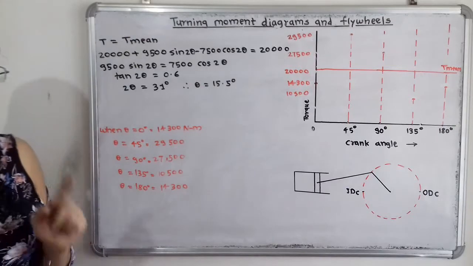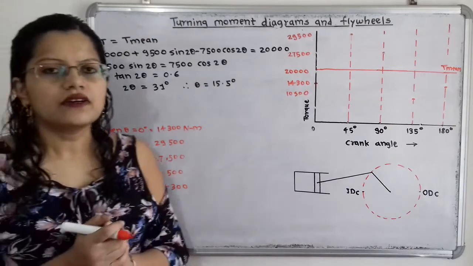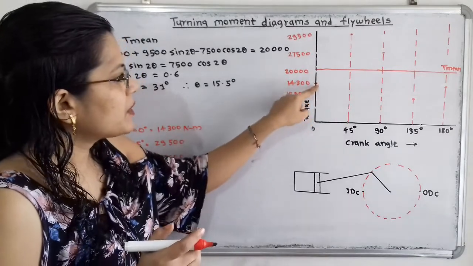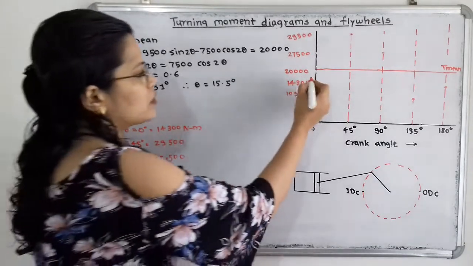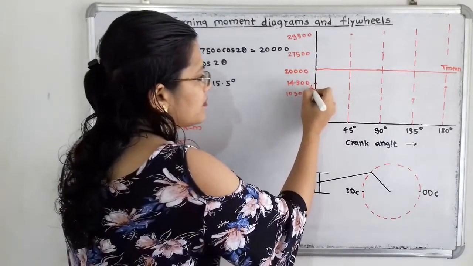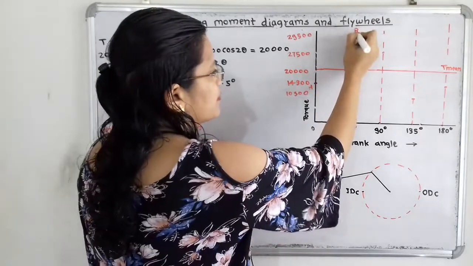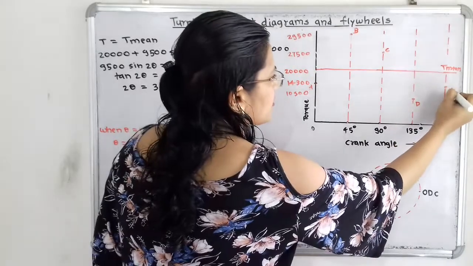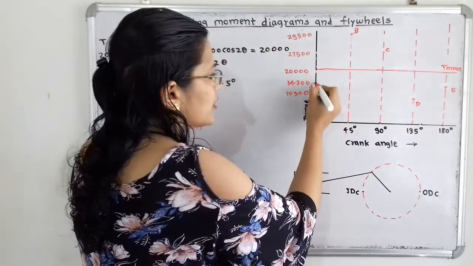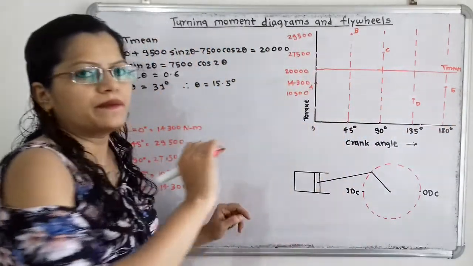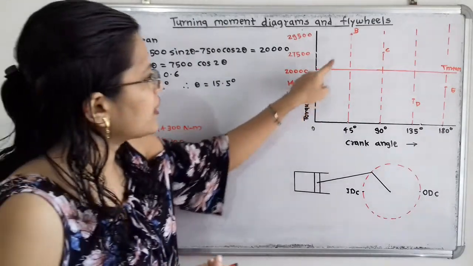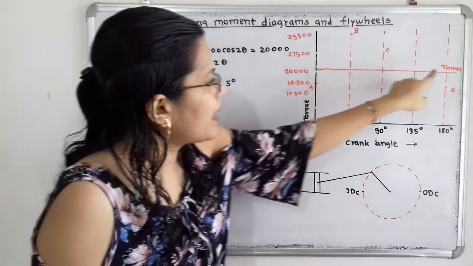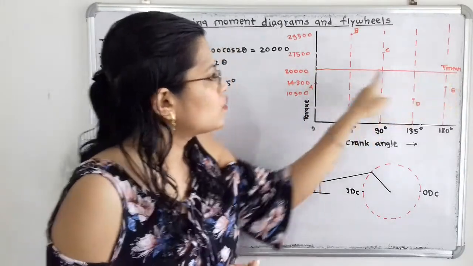So these points are selected. Now if we join the curve, I have to join these points. I will say this is point A, point B, then here is point C, point D, and this is point E. I have to join point A towards point B. So how to join? For that there is the intersection by this line of mean torque.